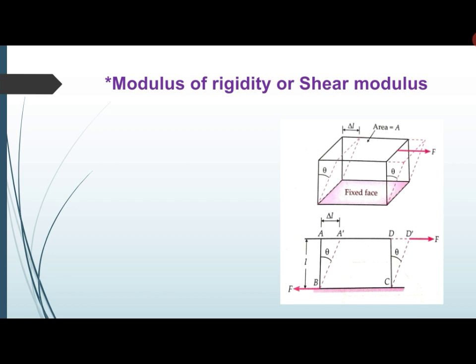For that, let us consider the figures. In the first figure, we are having an object, that is a cuboidal three-dimensional object which is fixed at lower face, and we are applying a tangential force F over its upper face whose area is A. Now an equal and opposite force F acts on its lower fixed face, which is taking it intact to this base.